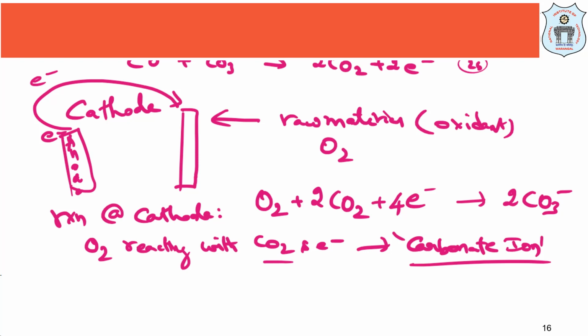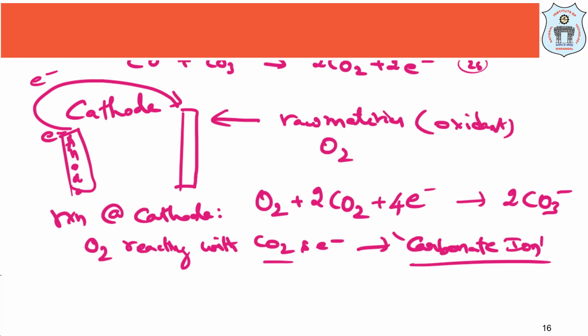The electrons at the anode will come through the external circuit, so that electron also will be consumed to form carbonate. Balancing it, we will have 2 CO2 and 4 electrons. What is happening at the cathode?